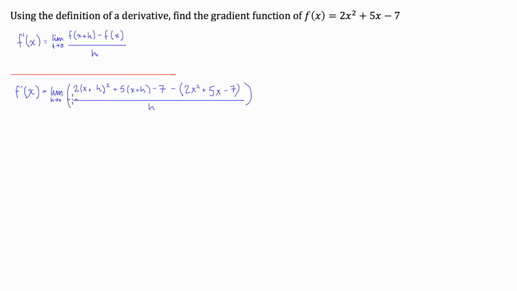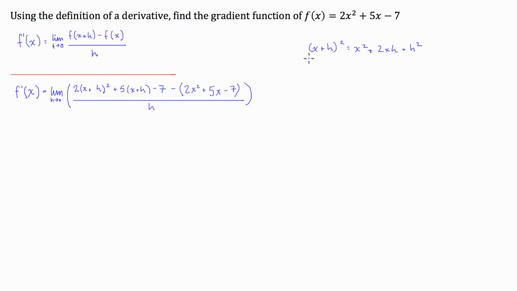So basically from here, once you've subbed everything in, it turns into more of an algebra exercise than anything else. So hopefully you guys will know that the expansion of x plus h all squared is equal to x squared plus 2xh plus h squared. It is not equal to x squared plus h squared.